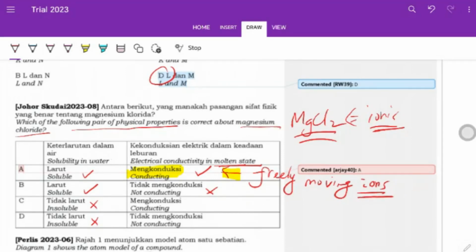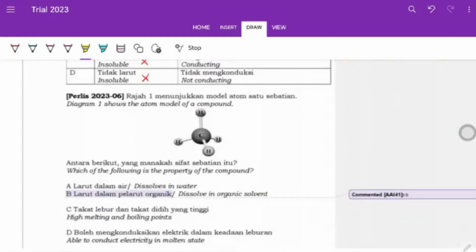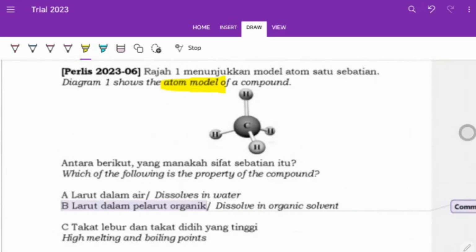Not electrons, freely moving ions. For ionic, I hope I talked about it so many times already. You can remember. Now CH4. Is this ionic or covalent?